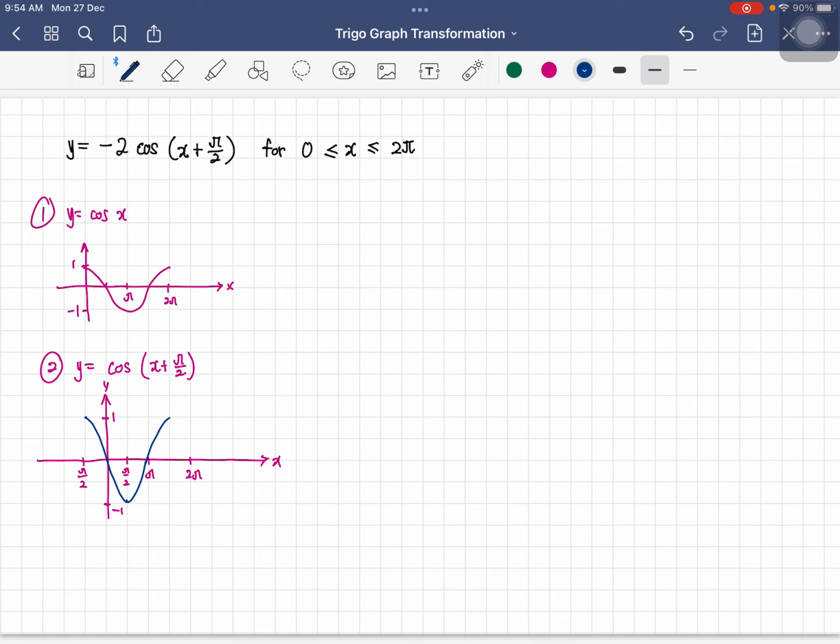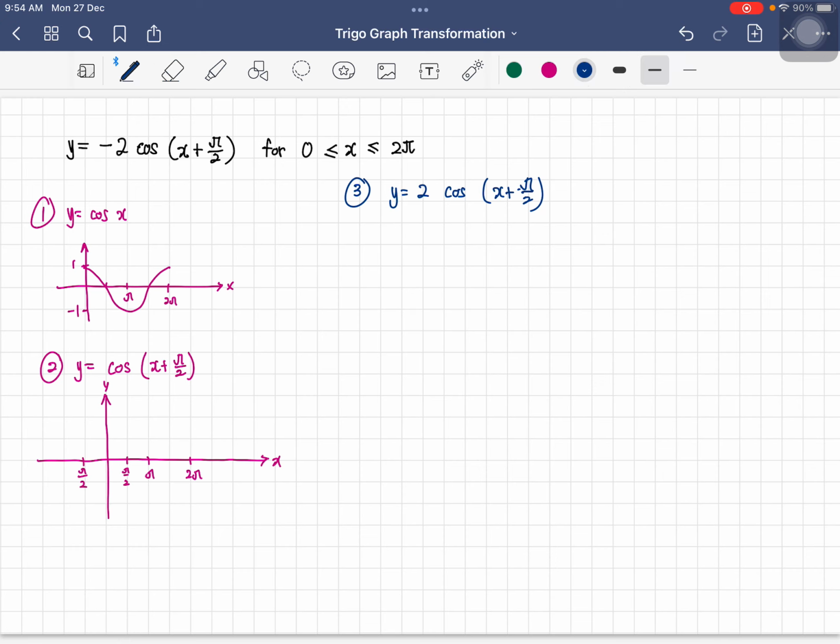The next one is that we are going to make its amplitude 2. So suppose I have the third graph, let's say I'll just sketch for cos of x plus pi over 2. Maybe I've made you confused with this one. Never mind, I'll just start with 1 here.